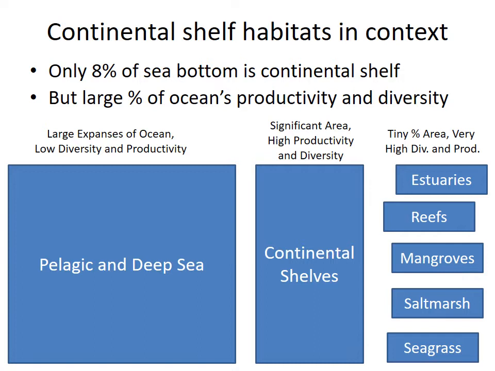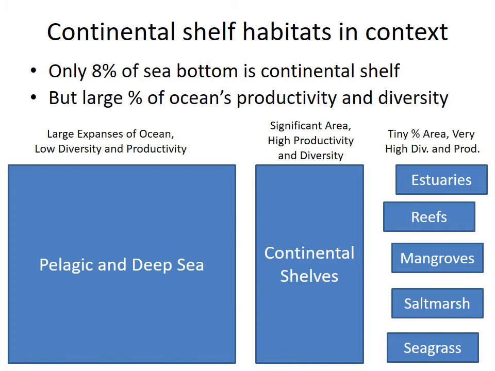But in that 8%, there's high productivity, and a lot of the ocean's diversity is found in shallow water continental shelf ecosystems with interesting structural habitats like reefs. And there are some really specialized habitats within continental shelves like estuaries, reefs, mangroves, salt marshes, and seagrass beds.